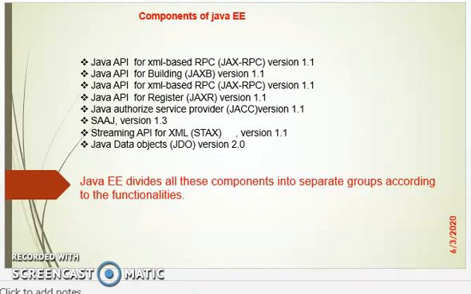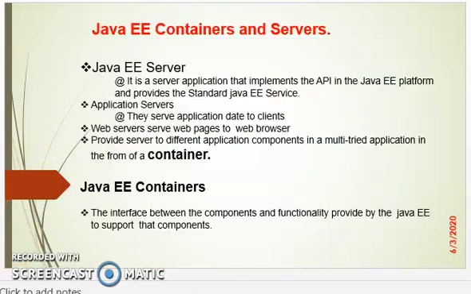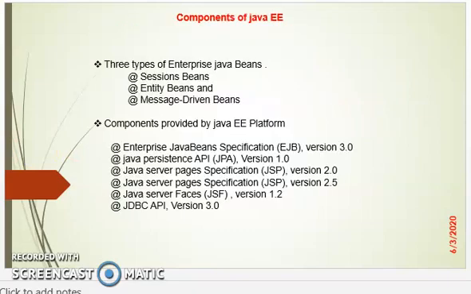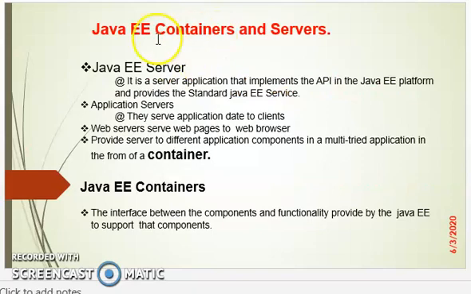Java EE container and server. Let's look now at the Java EE container and server. A Java EE server is a server application that implements the Java EE platform APIs and provides the standard Java EE services.